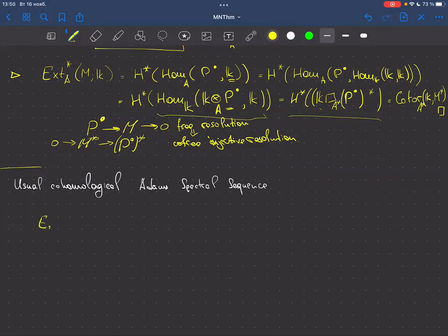So we have the second page of this, looks like Cotor over A_p star of F_p, from cohomology of your spectrum with F_p coefficients to F_p, and it converges to pi_{t-s} of X_p.